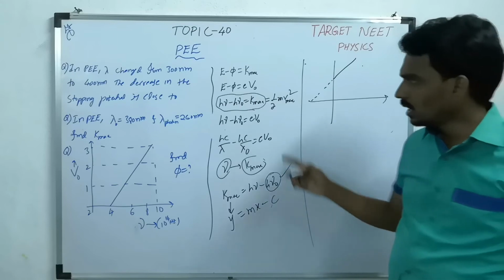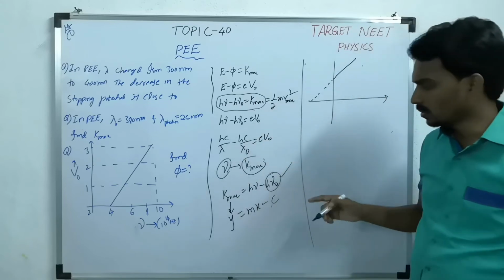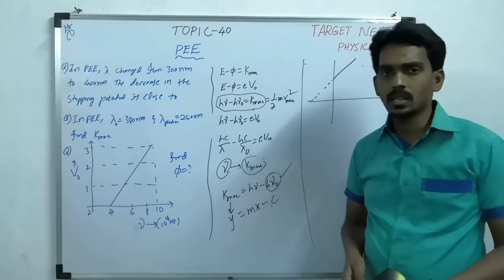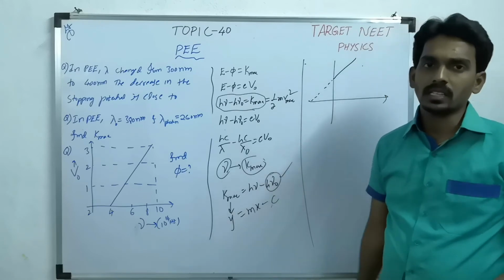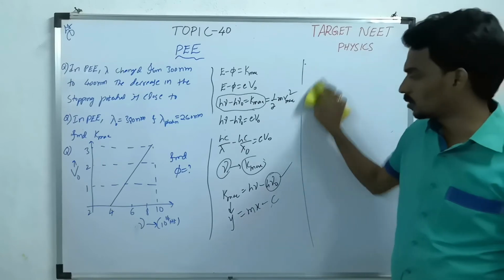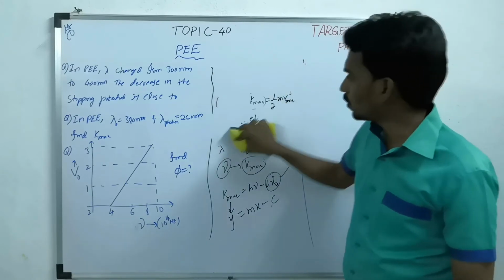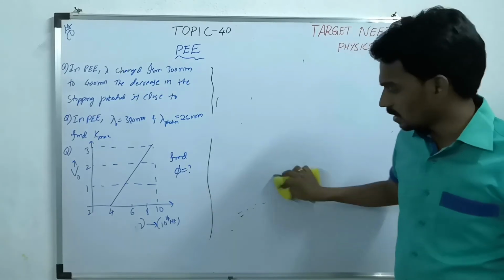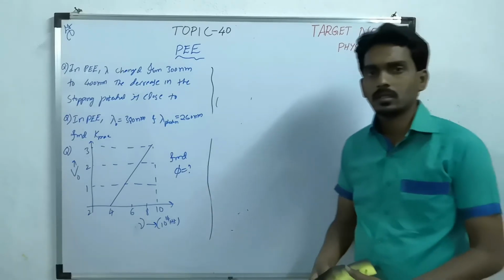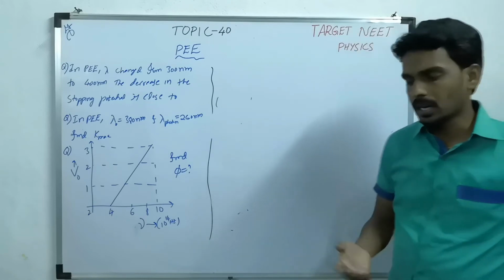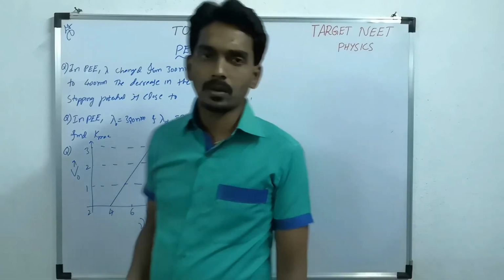So this way, once you take the equation, you try to compare with the general equation, like we have discussed in the second lecture, that is in uniformly accelerated motion. We have discussed these various graphs in physics. Like there are 6 different types of straight line graphs, and 4 different types of parabola and 1 hyperbola.